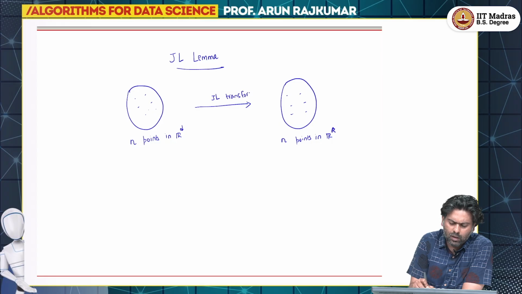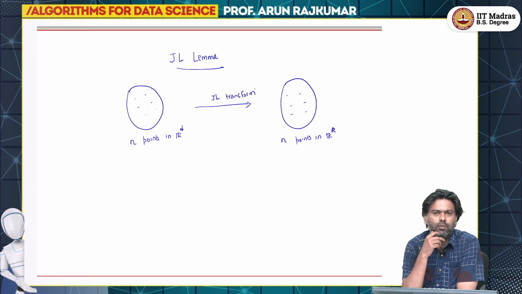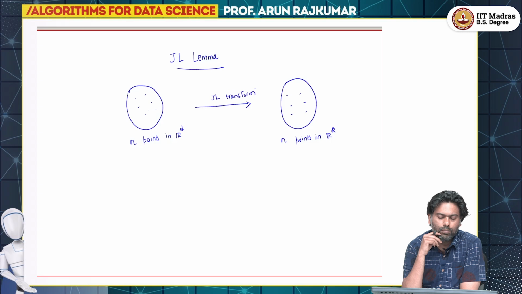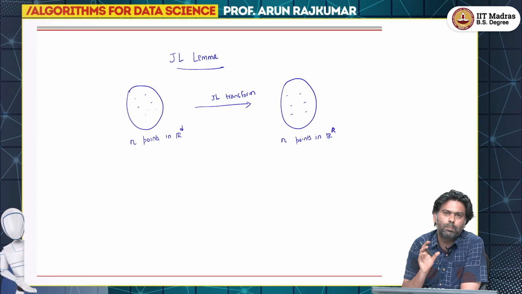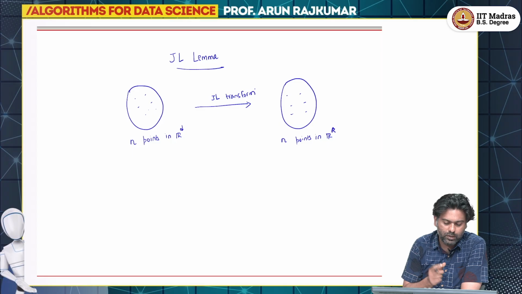In this course we saw one example of a JL transform, though there are many others. The one that we saw was a scaled version of a Gaussian matrix, which does the job for us. If you do that transform, then the pairwise distances are approximately preserved for every pair of data points in the original space that you started with.